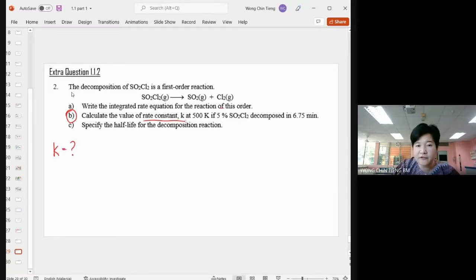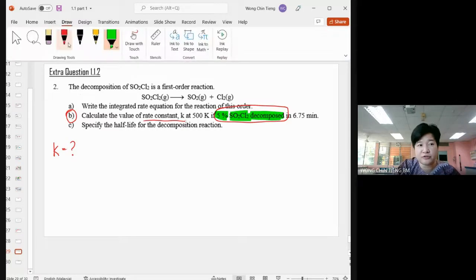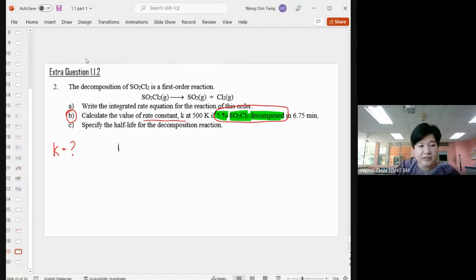If 5% of SO2Cl2 decompose. Dia guna percentage. So saya nak kamu senang nampak, saya pun guna percentage. Initial, obviously 100%. Okay? Alright, kita guna percentage. Soalan saya, 5% is the one left or the one used?